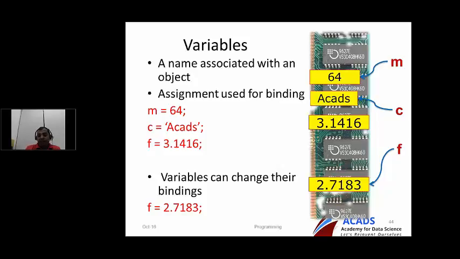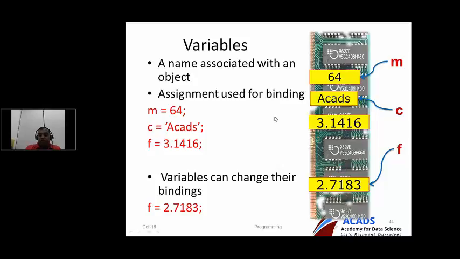Unlike C or Java, where the same memory location will be overwritten with the value 2.7183, in Python this creates a new location and the variable starts pointing to the new location. This has its own merits and demerits. We will discuss them as we go along.